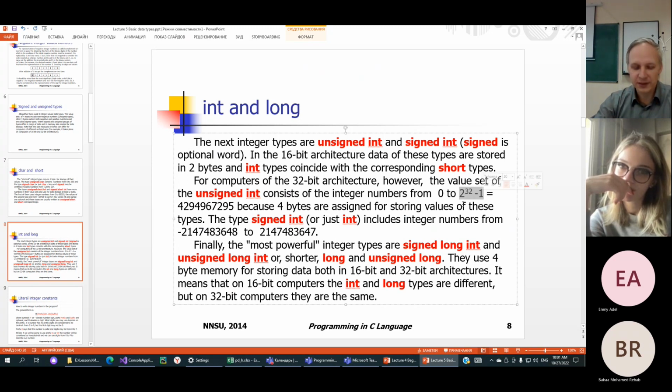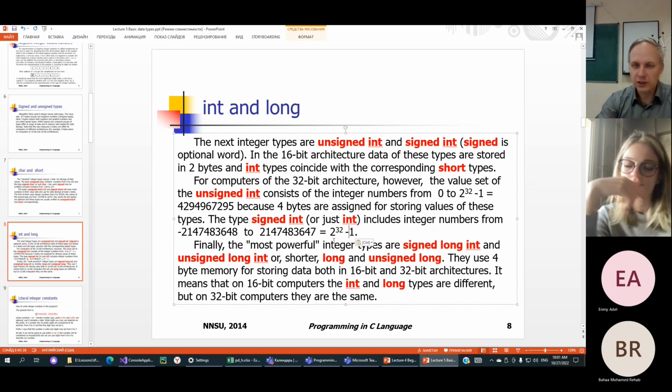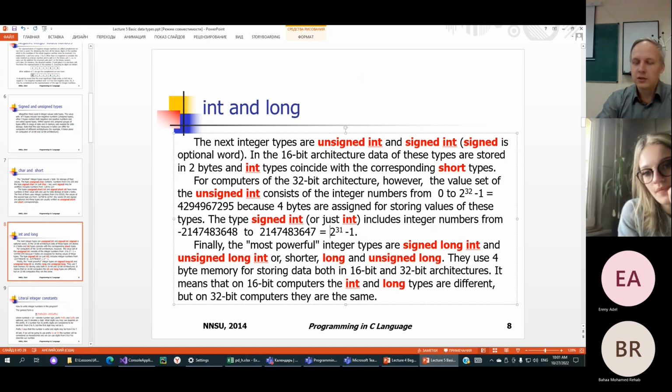And the range of representation for int goes from minus 2 power 31 up to 2 power 31 minus 1.